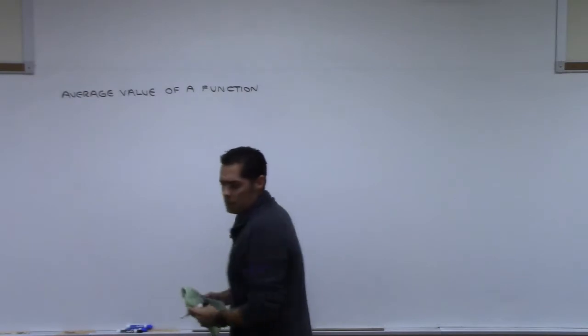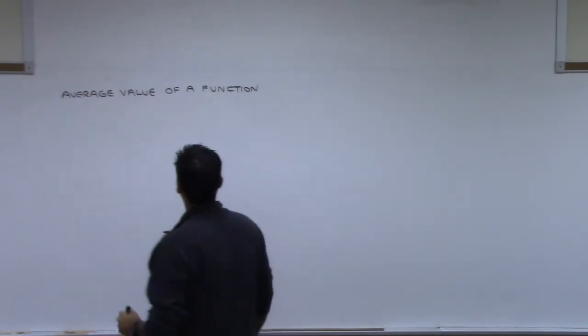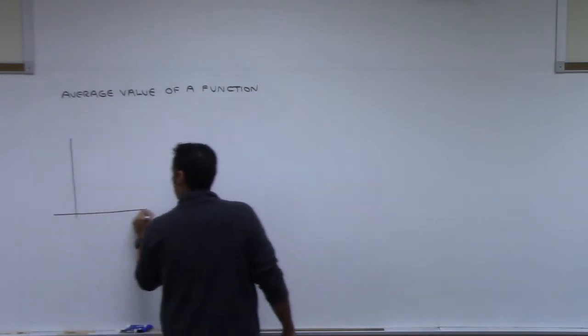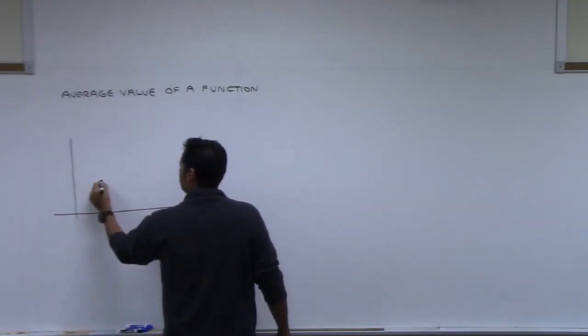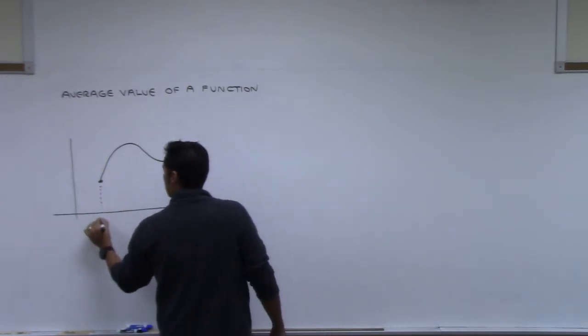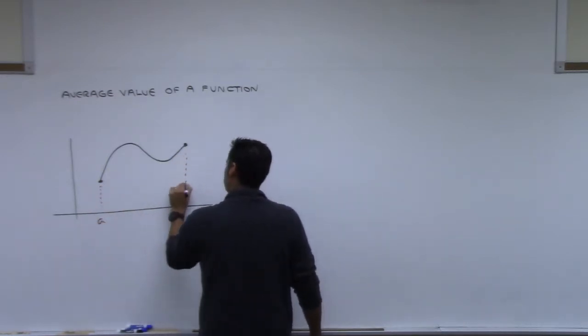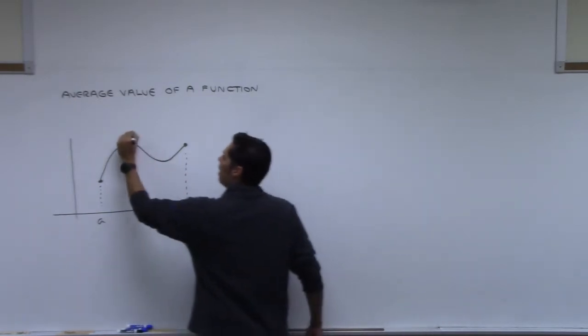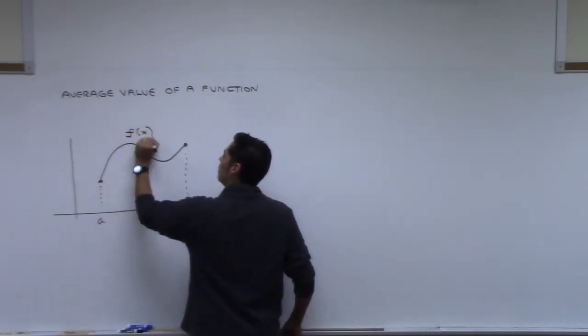All right, so let me try and explain first of all with pictures what we've got. If we take a function and we look at it from A to B, let's call this function f of x.